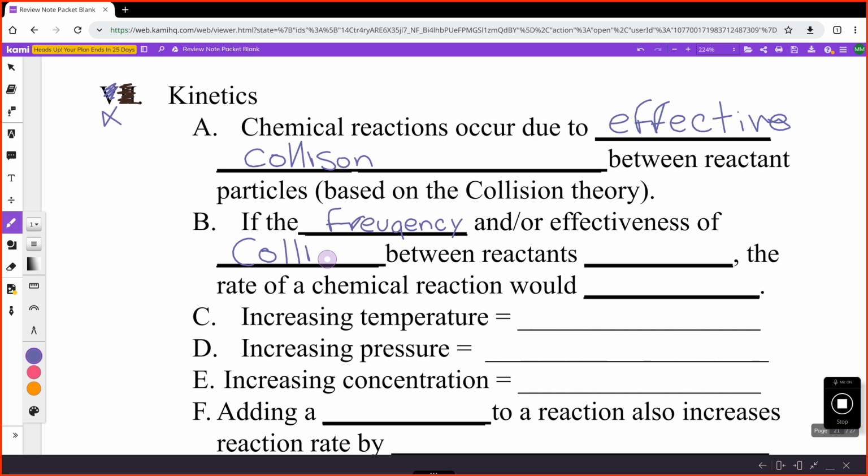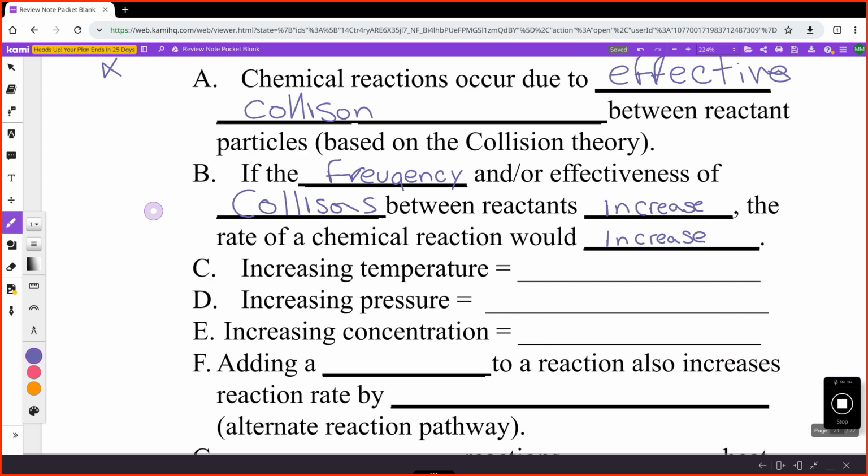If the frequency of effective collisions between reactants increases, the rate of the reaction is going to increase. And it all comes back to probability. More collisions, faster reaction. And there are many ways that we can do this.